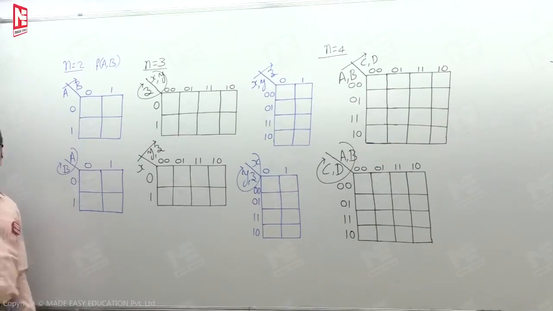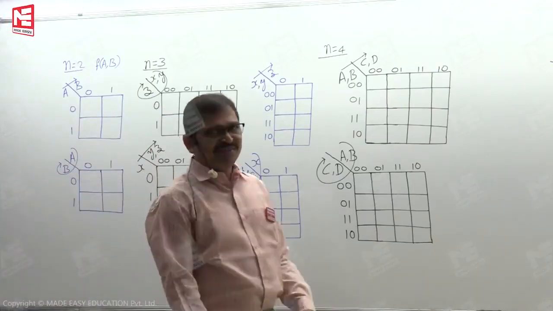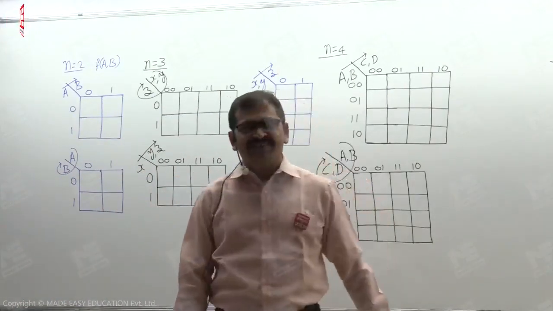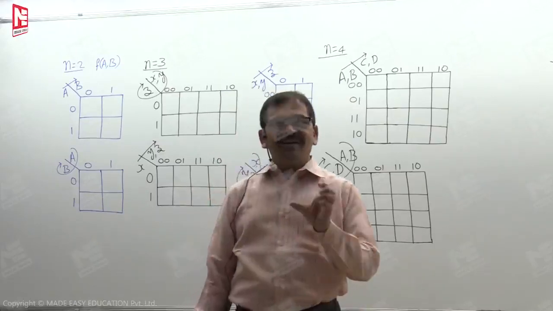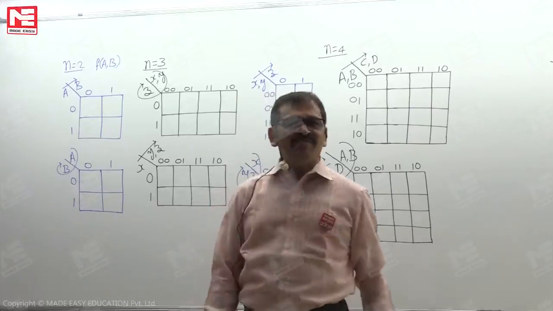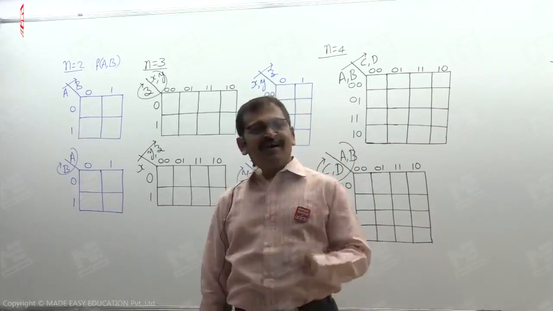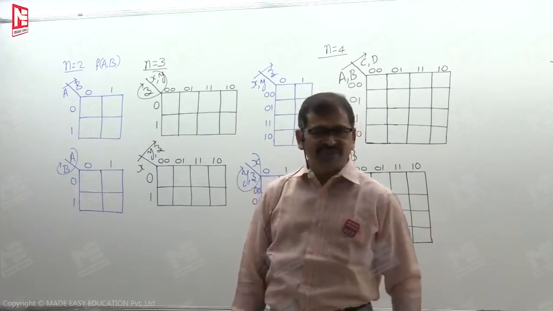Based on the number of variables, we have the possibility of more than 1 K-map format. The K-map format may be anything; ultimately, the results on the given function do not change and must be the same.